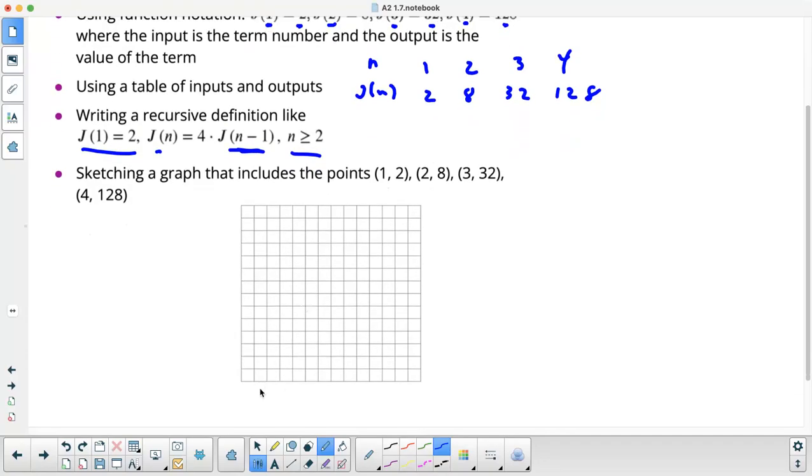And then we're going to plot it on a graph here. So if I went 1, 2, 3, 4, I have to go all the way up to 128. So maybe I should count by 10. I'll go 10, 20, 30, 40. I'm going to skip one, so I don't have to write as much. 50, 60, 70, 80.